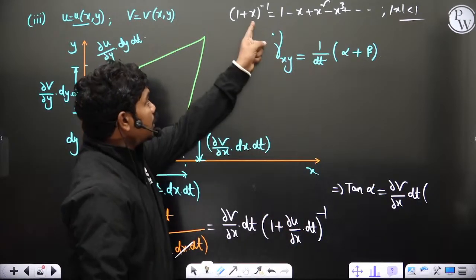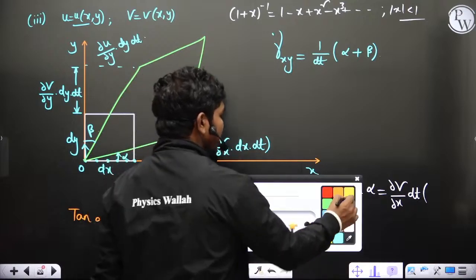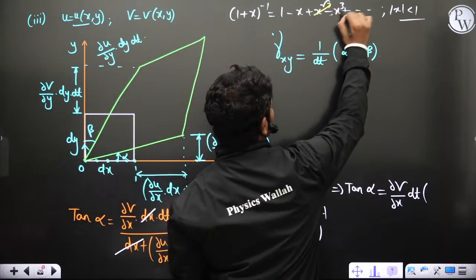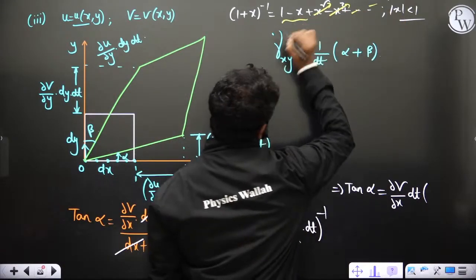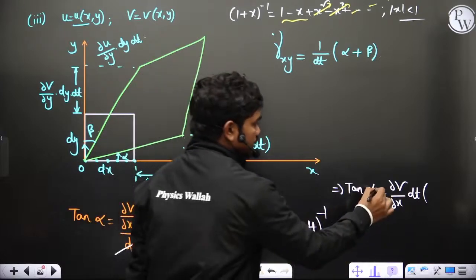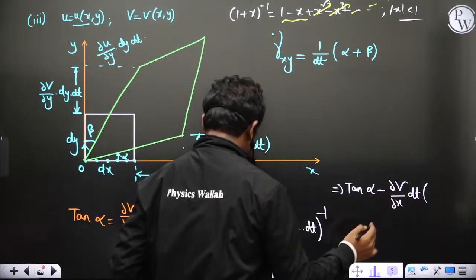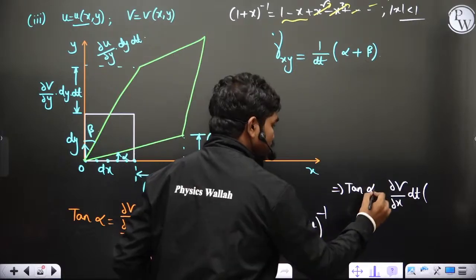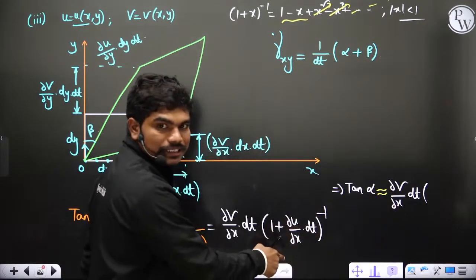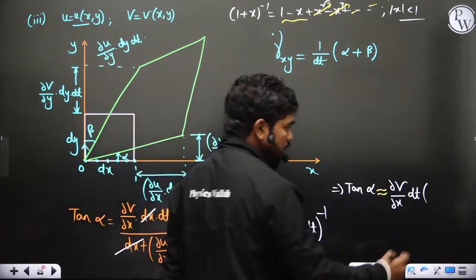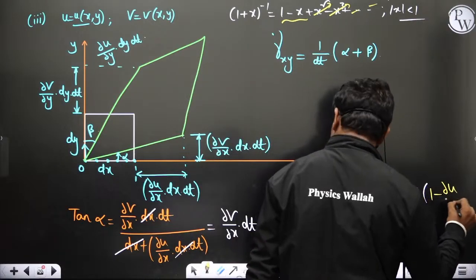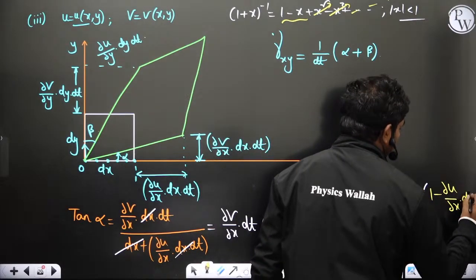Now if x is very small, if you neglect higher order terms here, this can be approximated as 1 minus x. So 1 minus dou u by dou x into dt.